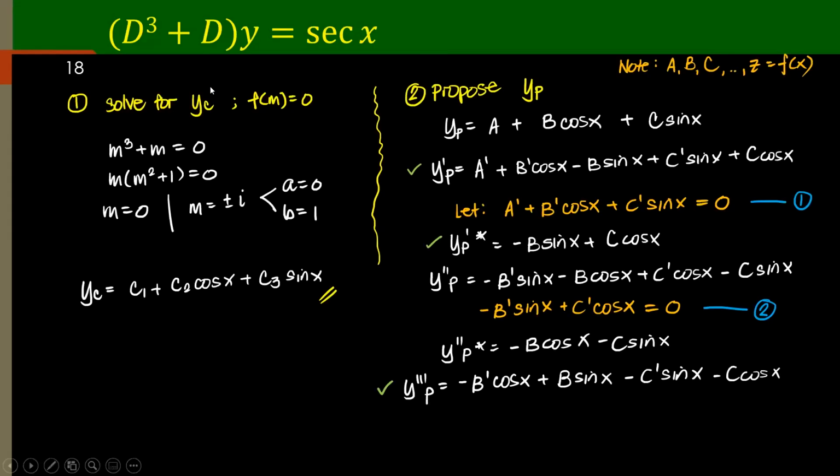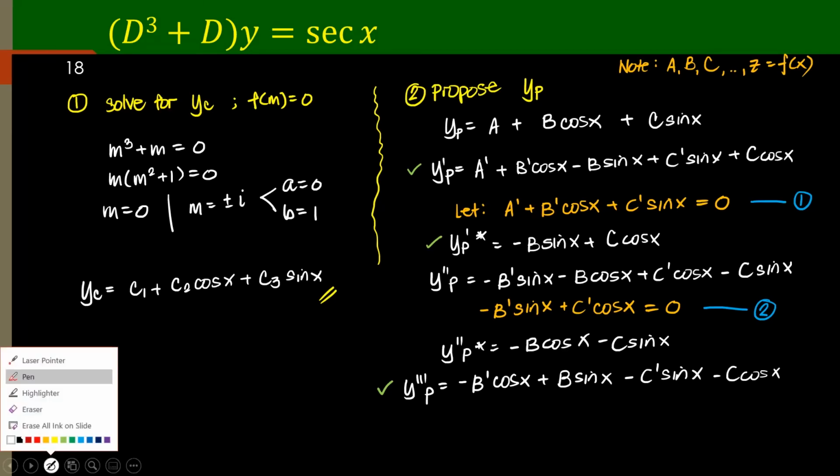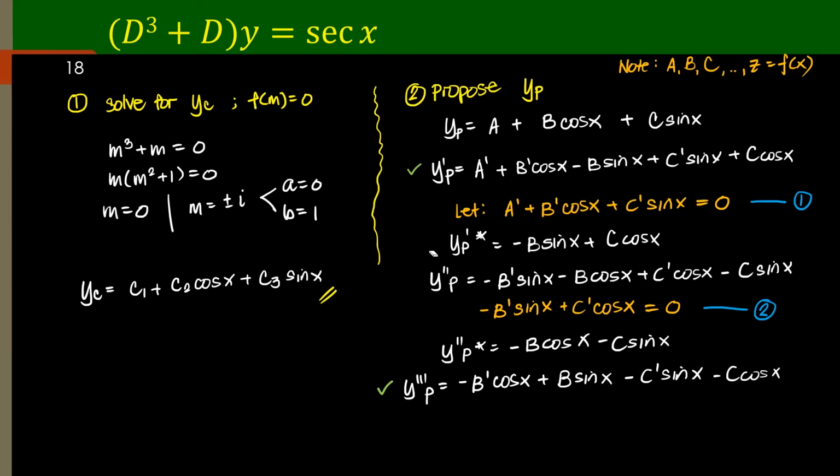Oh, you need the original y prime of p, sorry, because for the substitution, you will use the originals. The only reason why I have the new one is because I need to simplify that, right? To be able to get to the next step.